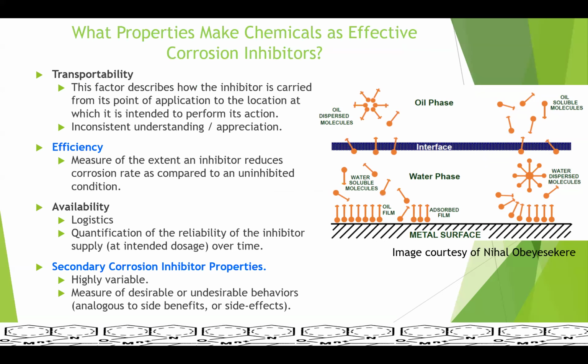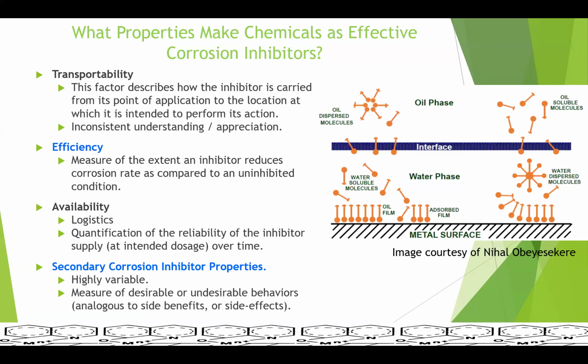If you are going to evaluate corrosion inhibitors, what are the properties we need to evaluate? In the JIP, we call them the T's: transportability, efficiency, availability, and secondary inhibitor properties. Transportability describes how the inhibitor is carried from its point of application to the location at which it should function as inhibitor.